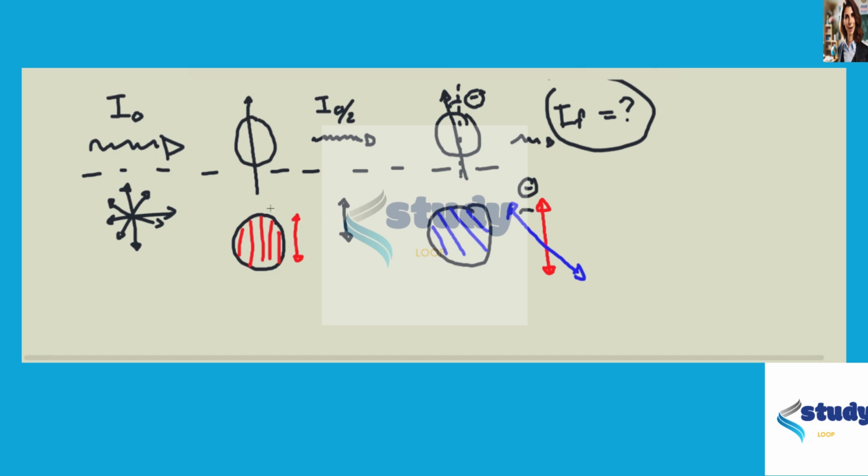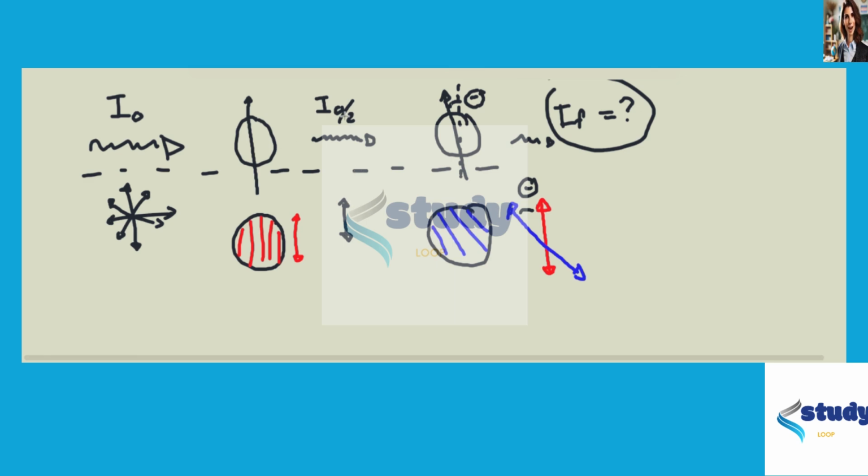So here I've chosen this direction to be vertical. And so you can imagine this as being some kind of a filter that only allows light in this direction to come through. And so this is the polarization of the wave as it comes through the first polarizer. It's now only oscillating in a single direction.